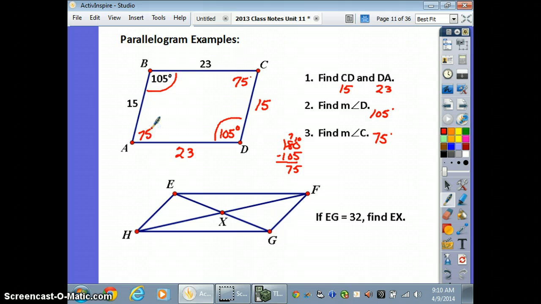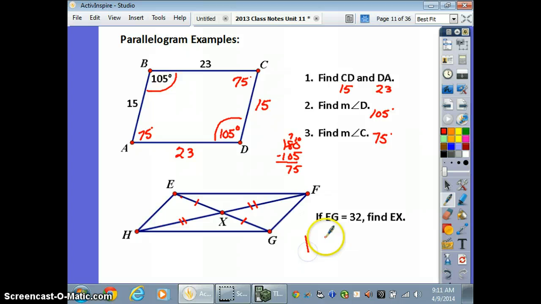Also, when we have diagonals in a parallelogram, we know they bisect each other. So this X is the midpoint of this segment. It's also the midpoint of this one. They're not equal. You can see this segment's much shorter than this one, but this part from E to X does equal X to G. Okay, so if EG is 32, if the whole line is 32, what is EX?